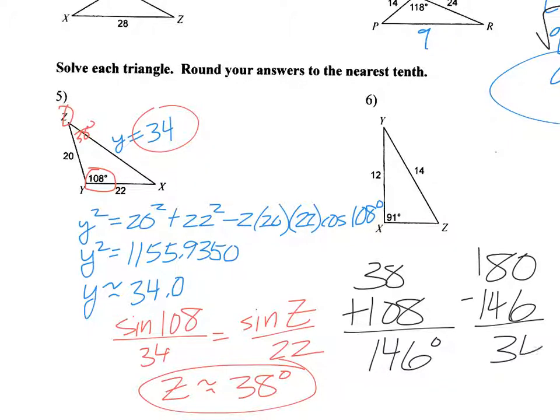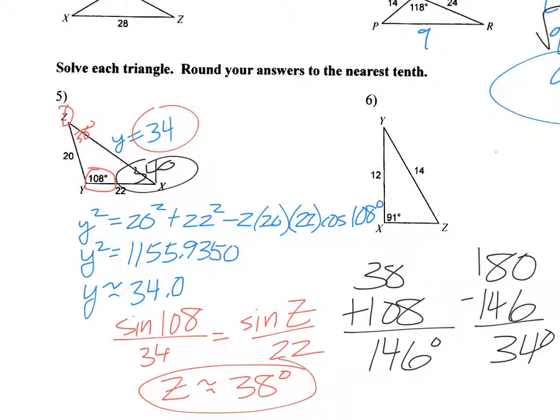That's going to give me 34, which means this angle is 34 degrees. Now, again, make sure this makes sense. This is my smallest angle, my smallest side. It's my next smallest angle, next small side. Plus, these are close together because the angles are close. This is my biggest angle, my biggest side.